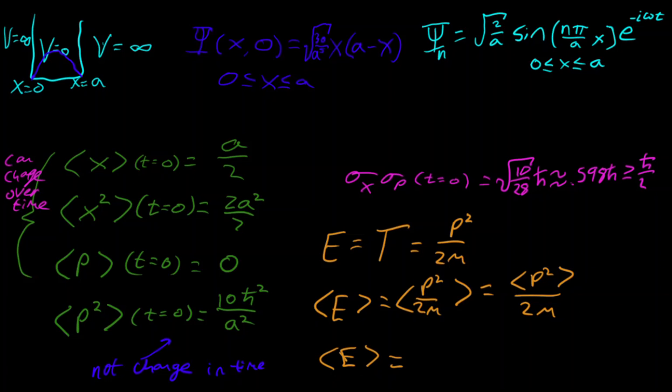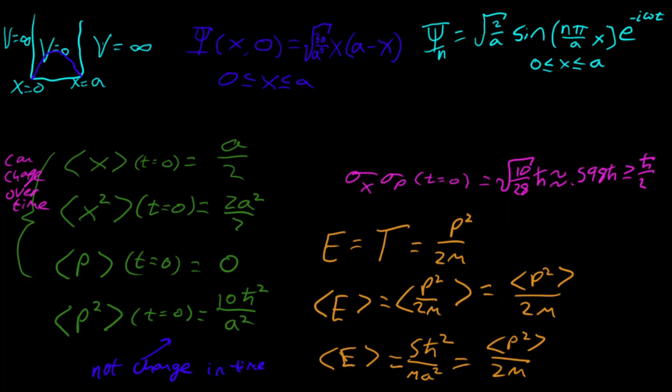It will give us 5 h bar squared over m a squared, which you may notice is exactly p squared over 2m. So you can get this with the integral independently, right?